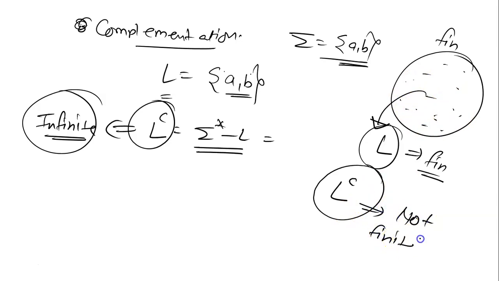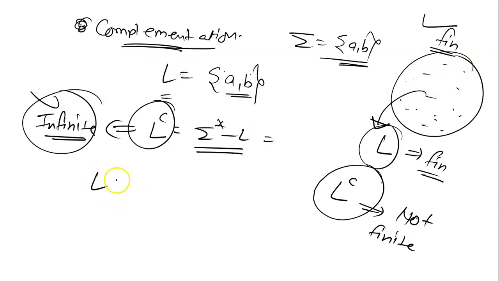So we can say that the set of finite languages is not closed under the complementation operation, because the complementation of a finite language can be infinite. So under the complementation operation, our set of finite languages is not closed.